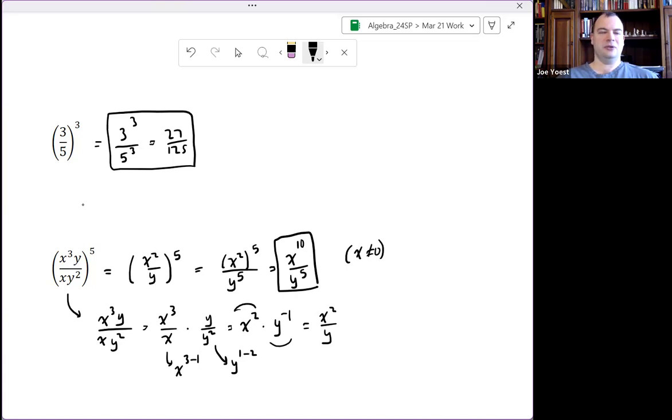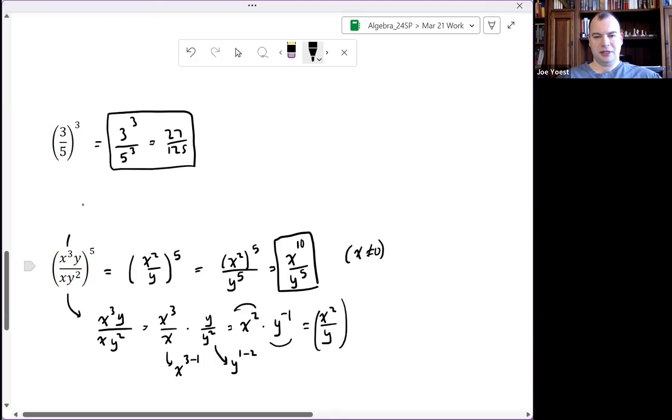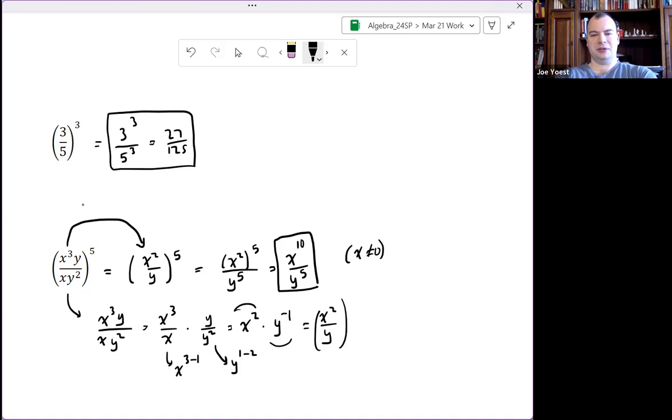The y to the -1 power becomes a 1 over y multiplied by the x squared over y. So this whole inside of the parentheses here just simplifies down to x squared divided by y. And that quotient is raised to the 5th power. Now I can distribute the power into the quotient like I did in the warm-up problem up here.